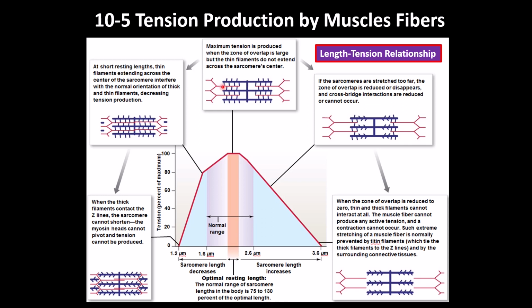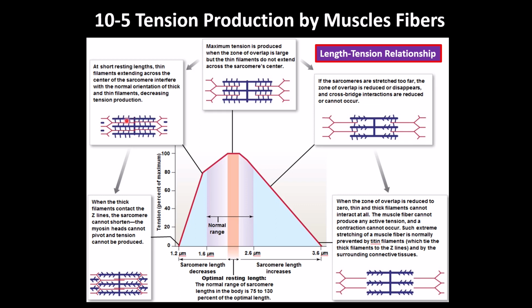All areas, okay. But if you look at it this way, now the thin filaments are all the way to the midline. All heads of myosin can attach to the thin filament, but there is not much H zone left here, no H zone.